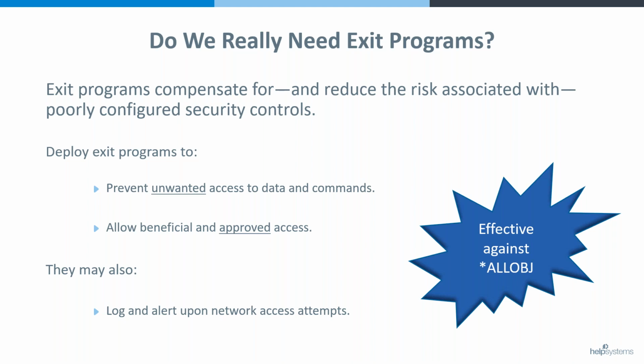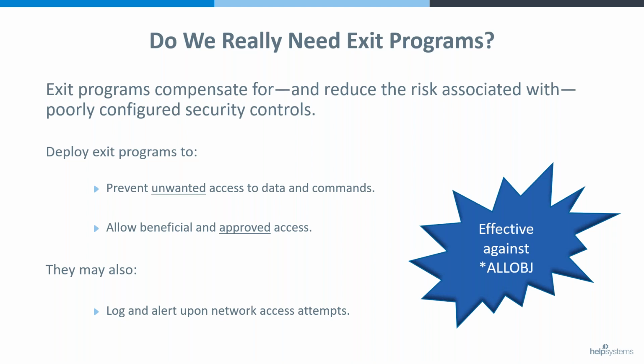Even if that user has all object, whether we want it or not, we just don't have a way to clean it up or do it quickly. The exit program can say, sorry, Robin, I don't care that you have all object. You've been explicitly told you can't FTP this file out of this library. And the exit programs will check that box for me. It's a fantastic capability, because one of the things that allows me to do is set different access levels for different interfaces.